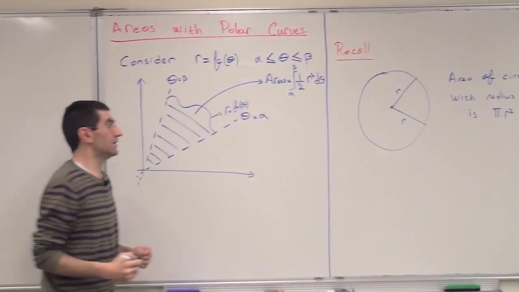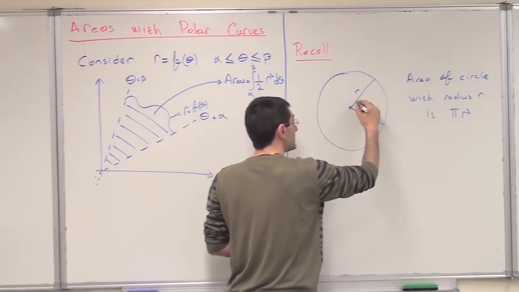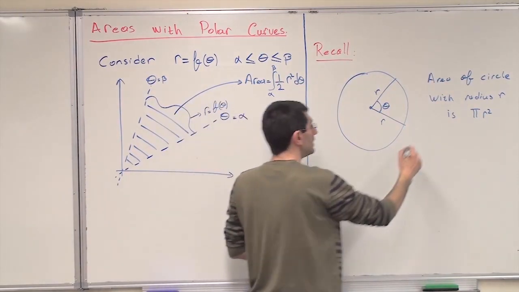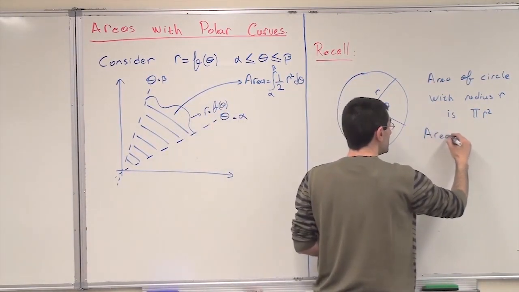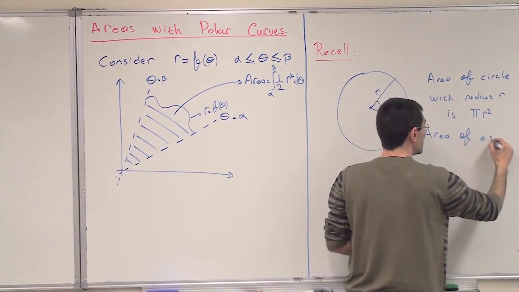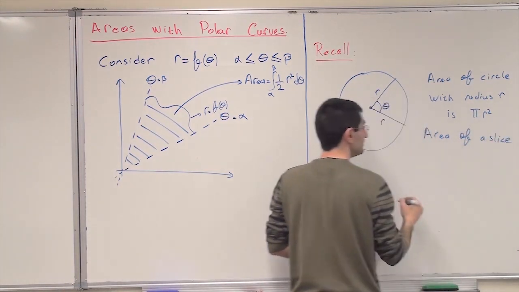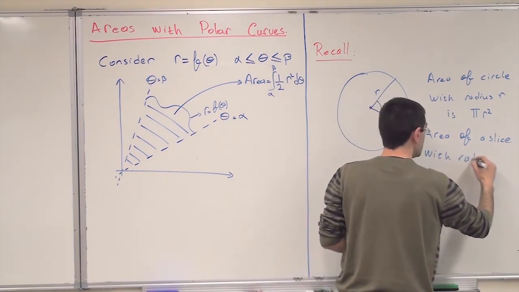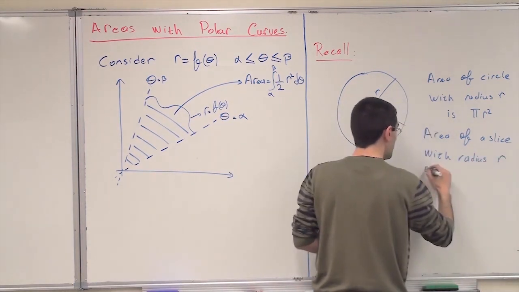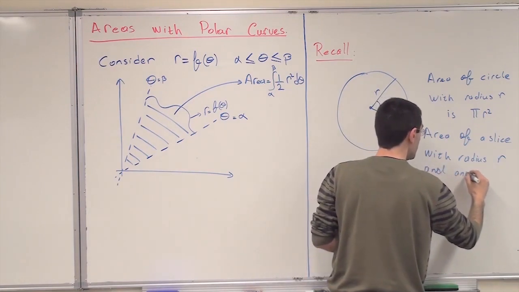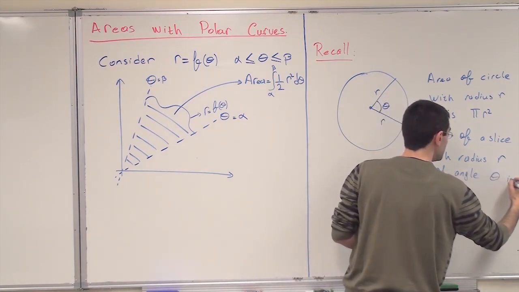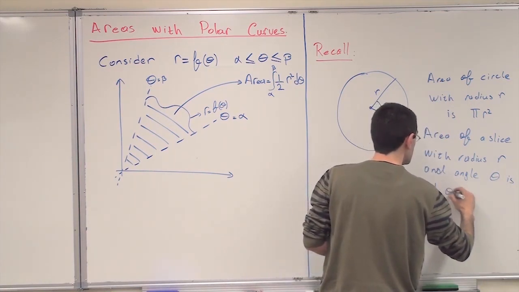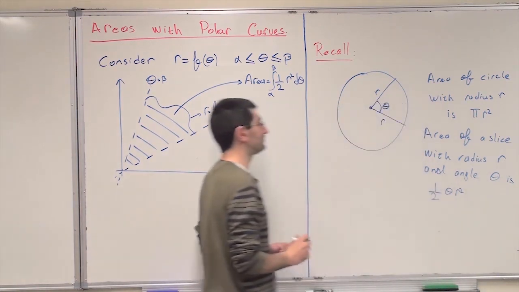Okay, now let's consider a slice of this circle with an angle of theta. So, the area of a slice with radius r and angle theta is 1 over 2 theta r squared.